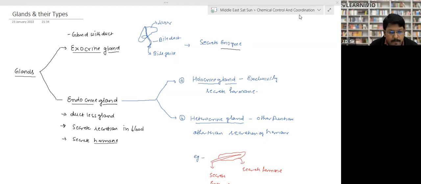Next, endocrine glands are called ductless glands.